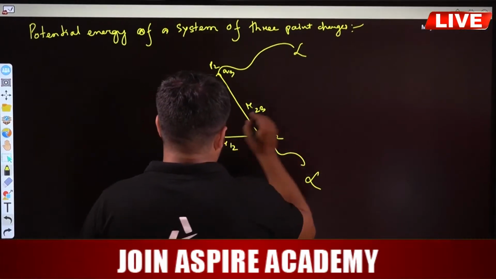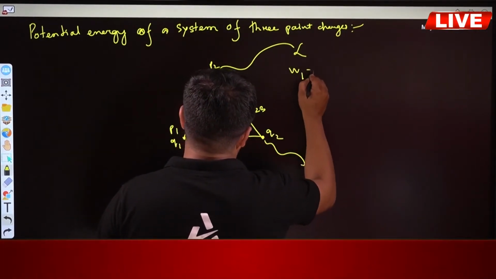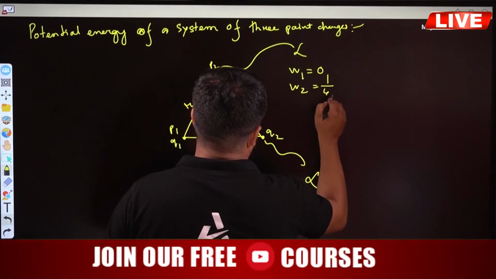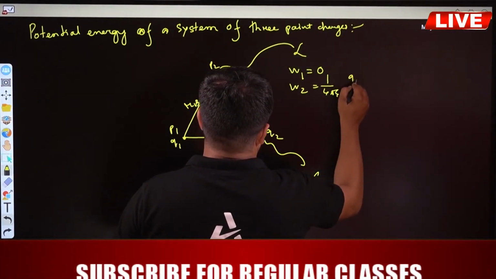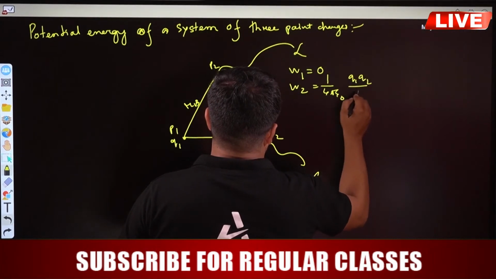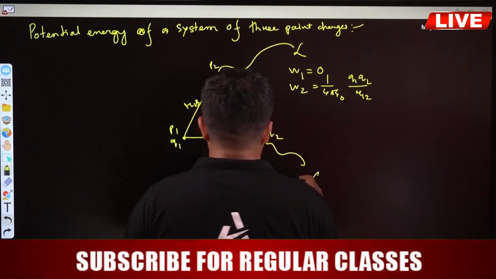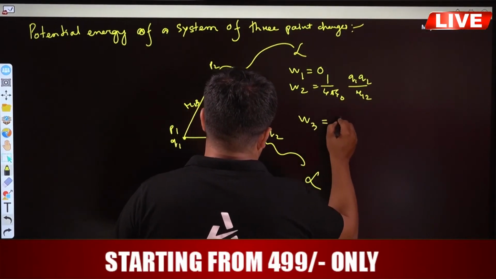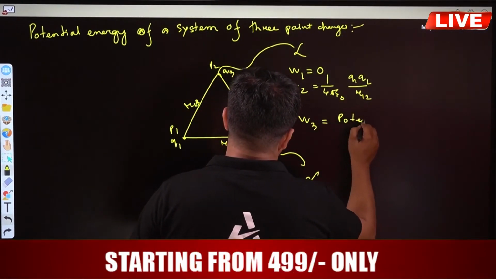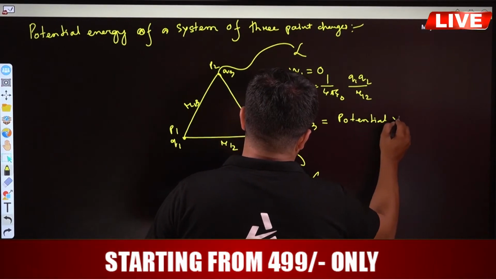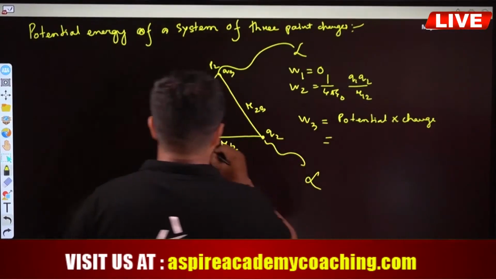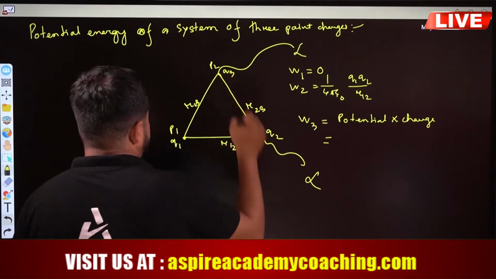To find it, first W1 is equal to 0. W2 is equal to 1 by 4 pi epsilon naught Q1 Q2 by R12. Another is W3. How can we calculate it? W3 is equal to potential into charge. So what is the potential? Potential from this point plus from this point.